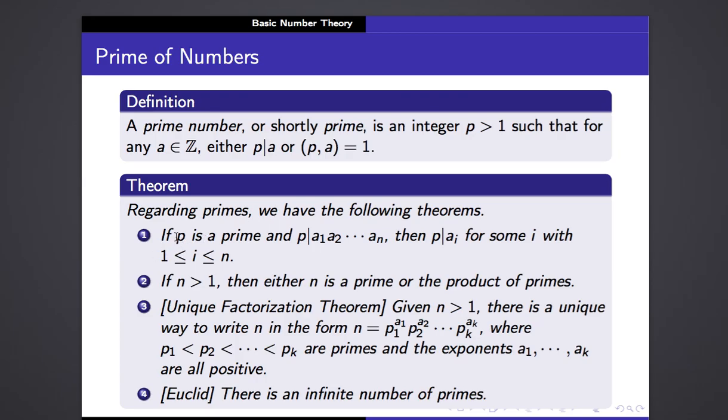The first statement says: if P is a prime and P divides the product of integers a1 times a2 and so on times a sub n, then P must divide some ai. This can be proven easily using induction.